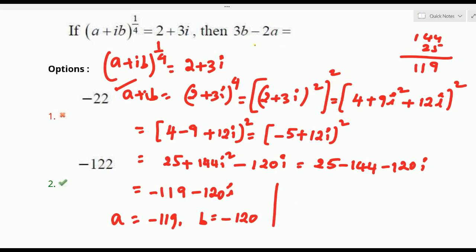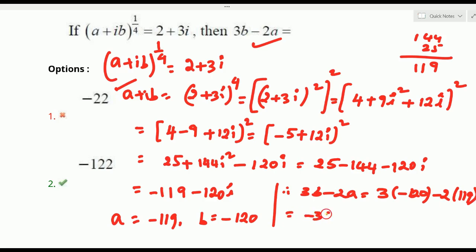What do we want? We want 3b minus 2a. Therefore 3b minus 2a is 3 into minus 120 minus 2 into minus 119. So 3 into 120 with minus gives minus 360. Minus 2a, here minus into minus becomes plus, so plus 238.